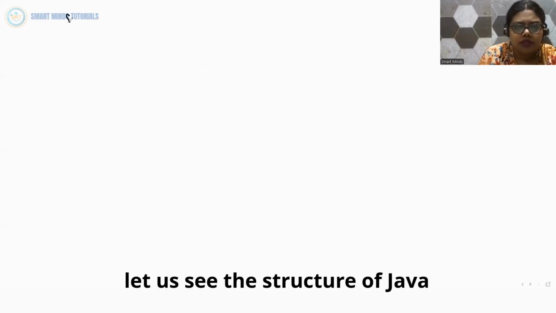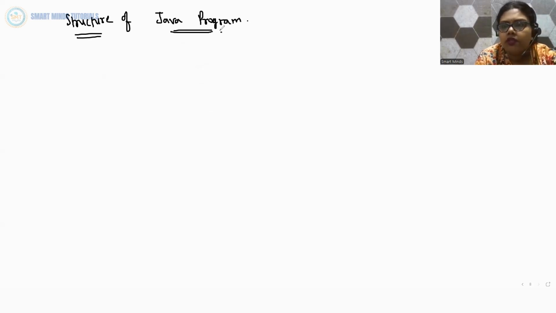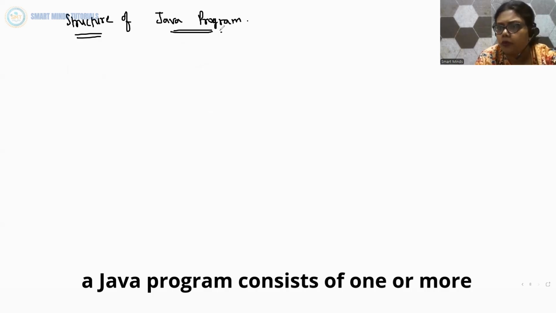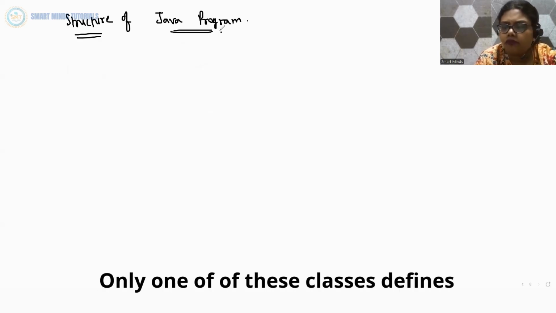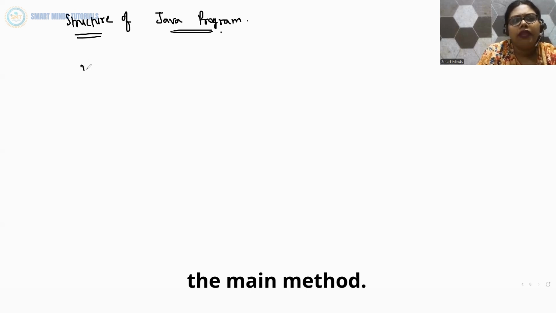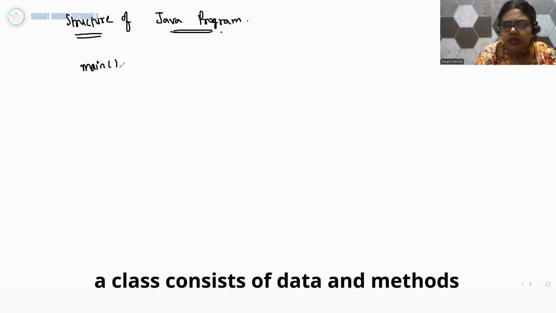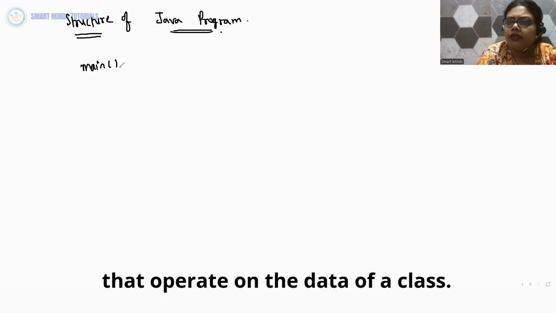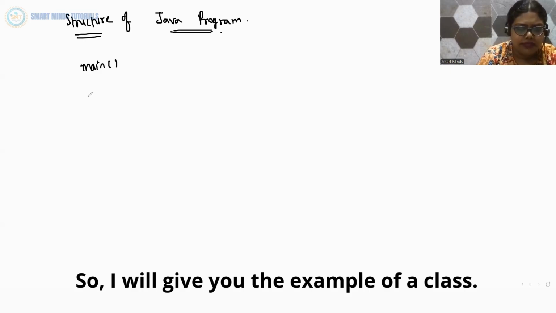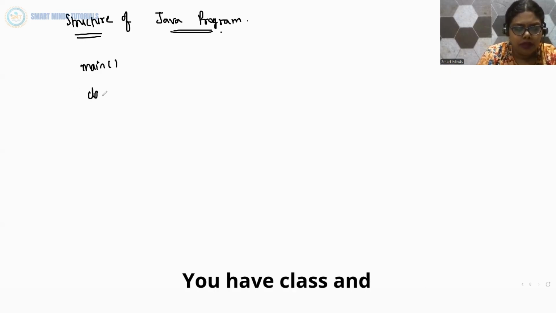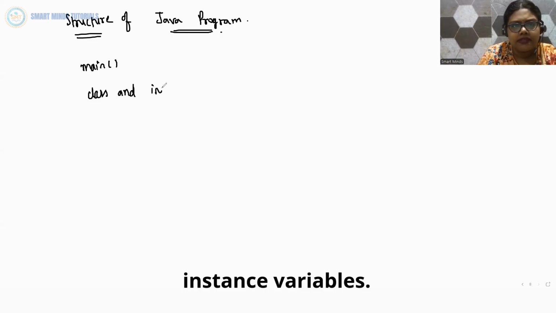Now let us see the structure of a Java program. So a Java program consists of one or more classes. Only one of these classes defines the main method. Okay. A class consists of data and methods that operate on the data of a class. So I will give you the example of a class. You have class and instance variables.